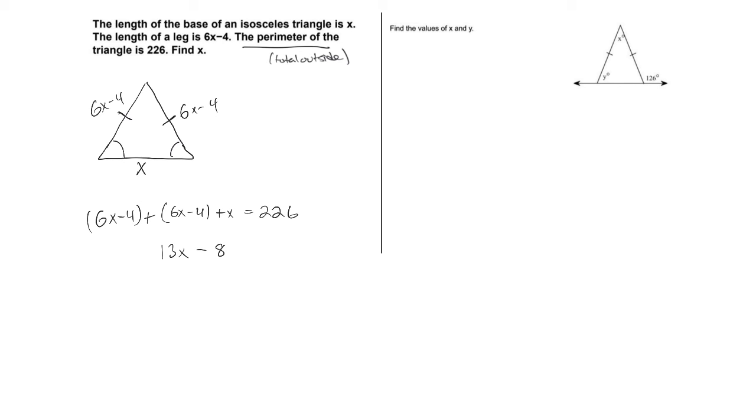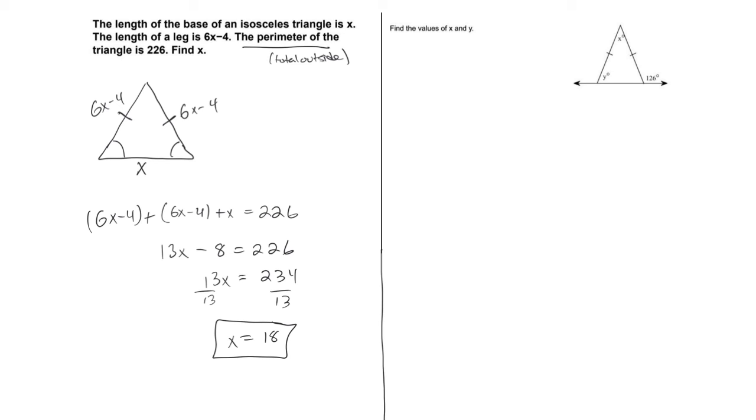And then negative 4 plus negative 4 equals negative 8. Right, when you combine those all together, then we get 13x. We add 8 to the other side, which is equal to 234. Divide by 13, and we get x is equal to 18. Okay, so that's if you have a problem where it gives you the perimeter and the 3 sides.